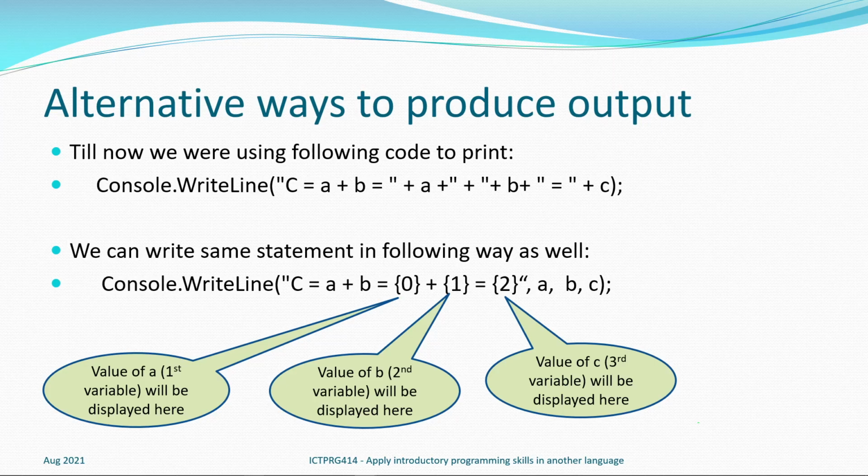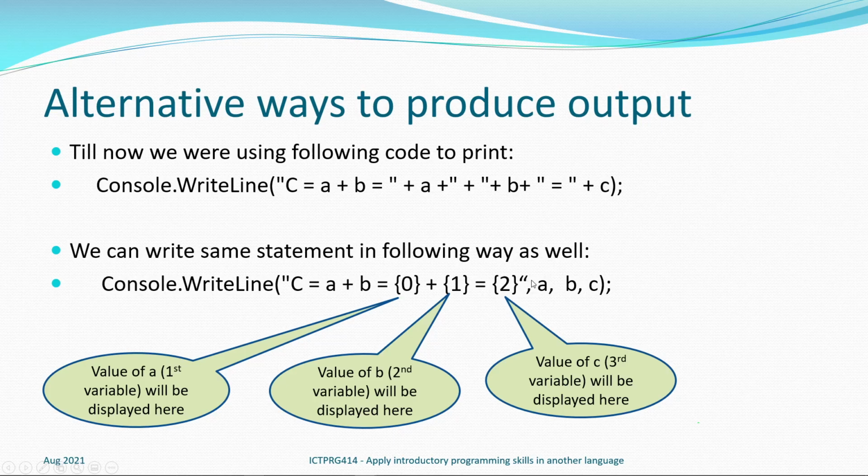What we can do is put in placeholders for these variables inside the text. So we're not diving in and out of the quotes. We're saying C equals A plus B, which equals placeholder 0, placeholder 1 equals placeholder 2.